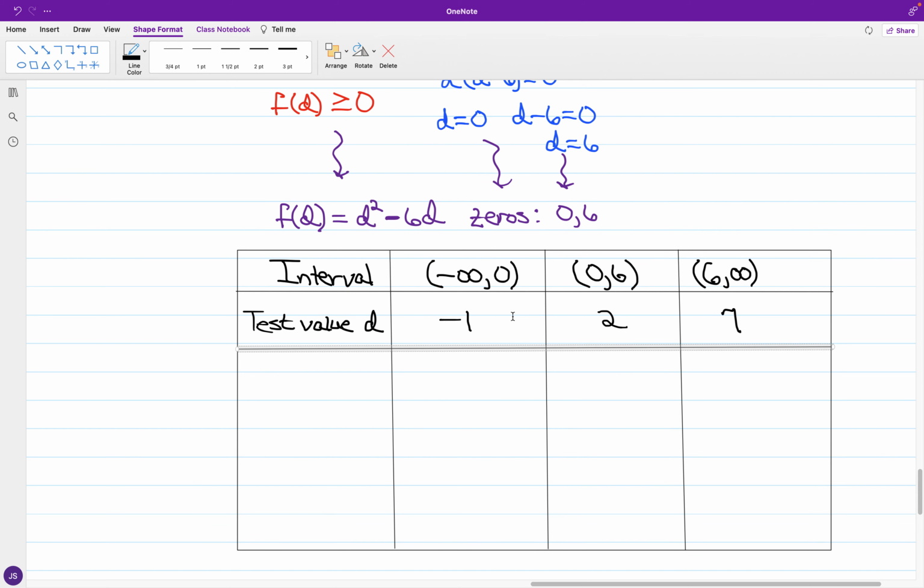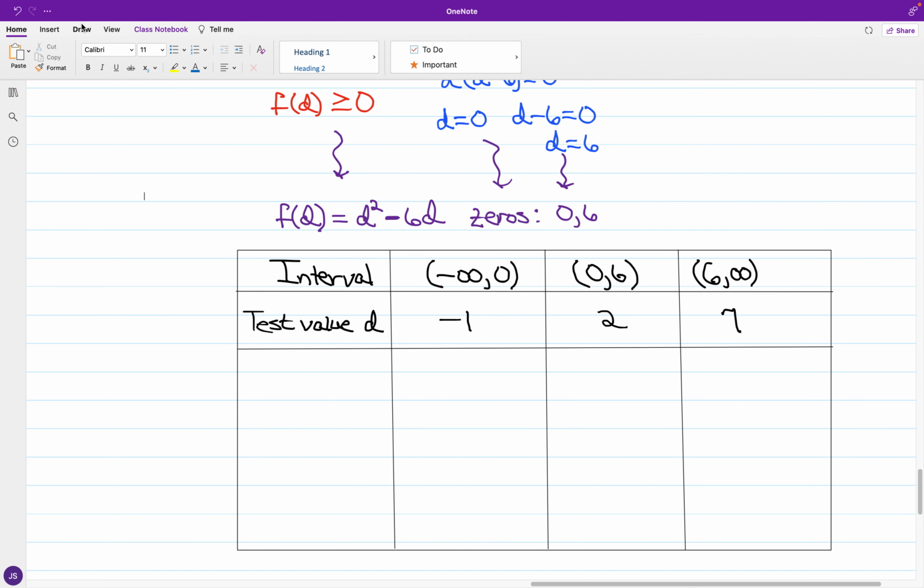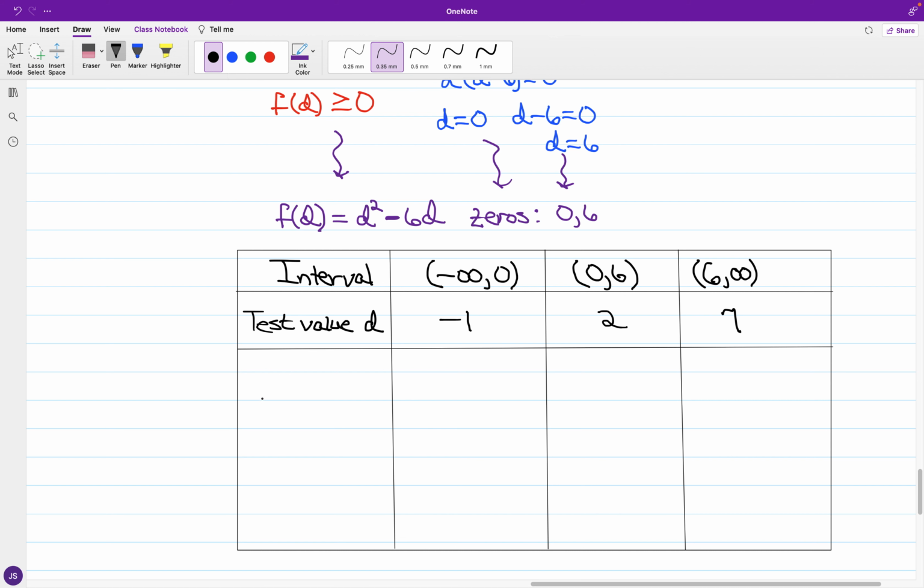And for the next row, you have f of d, which is d squared minus 6d. With the tested values as inputs, I'm looking for f of -1, as well as f of 2, along with f of 7.